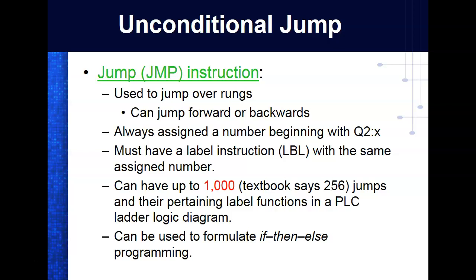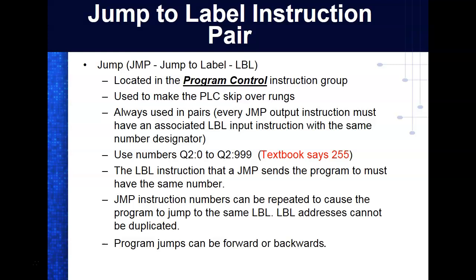And we can use these for conditions. In programming, we used to call them if-then statements, if-then-else. If this is true or not true, then jump over sections inside the program. So jump and label are combinations.